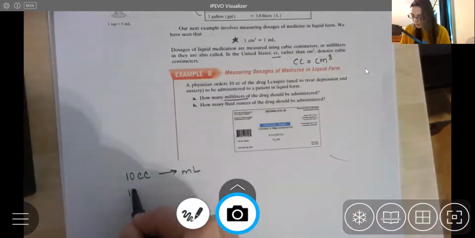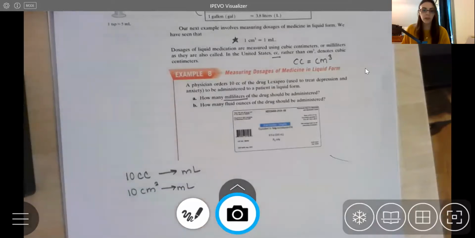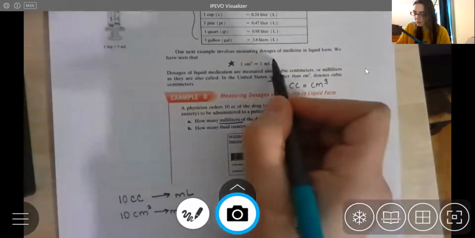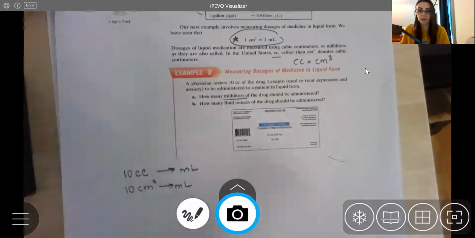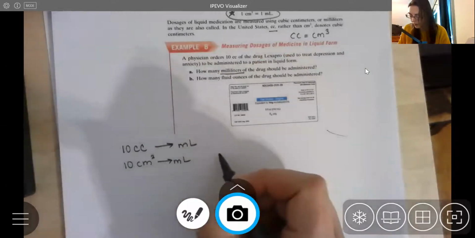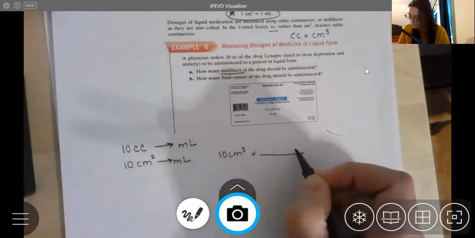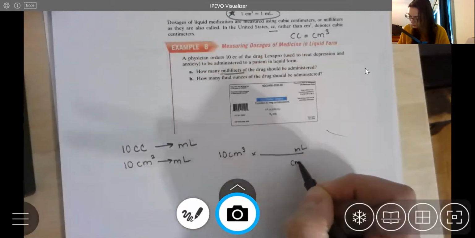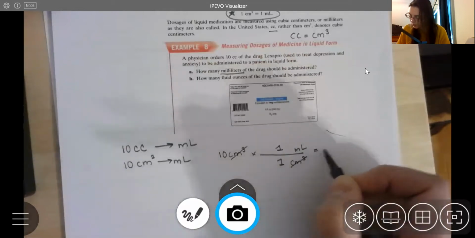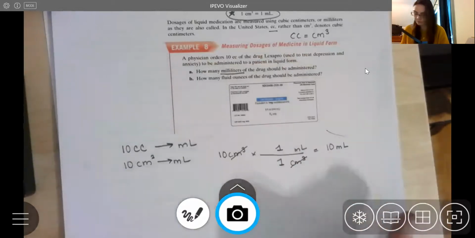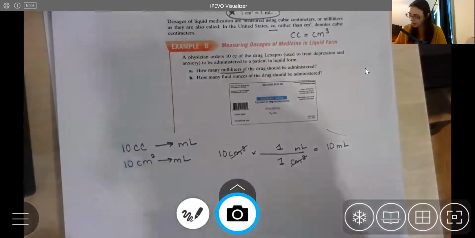So I'm going to rewrite this before I start, because I do have a conversion here for cubic centimeters to milliliters. It's a one-to-one conversion, which makes it really easy. So I have 10 cubic centimeters, and we're going to milliliters. Like I said, it's a one-to-one conversion, so you're going to get 10 milliliters of Lexapro.